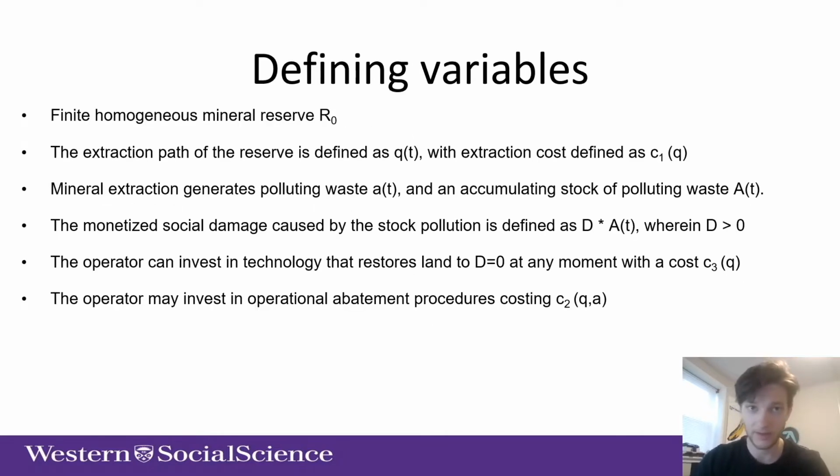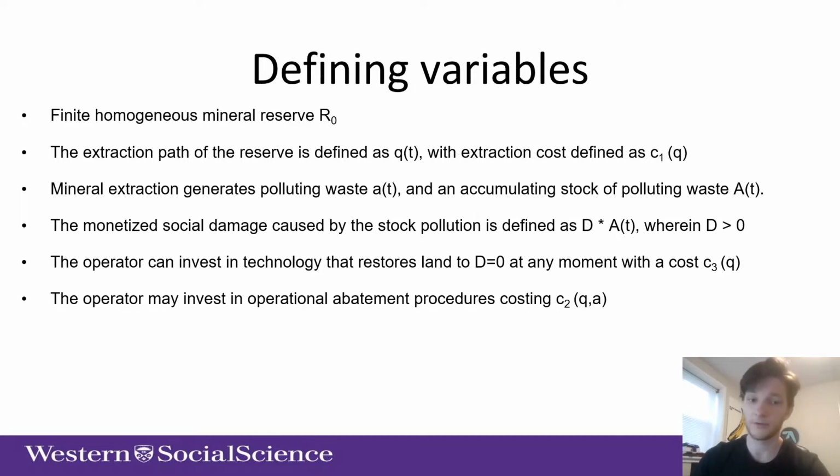The variables used in the paper are defined as follows. The finite homogeneous mineral reserve is R0. The extraction path is defined as Qt, with the extraction cost being defined as C1Q. The mineral extraction generates polluting waste, which is lowercase at, and the accumulating stock of this polluting waste is capital At, and this is to be thought of as land.